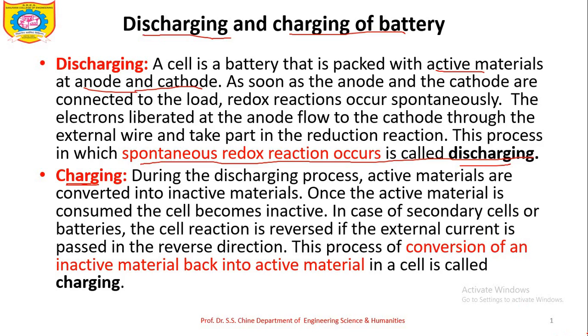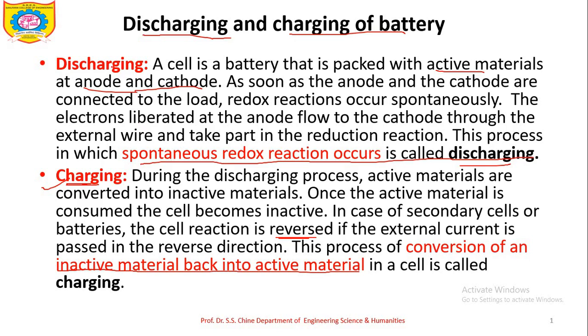In the case of secondary batteries, the cell reactions are reversed. How can this be reversed? If an external current is passed in the reverse direction, then the inactive material is converted back into the active material, and that process is known as charging of the battery.